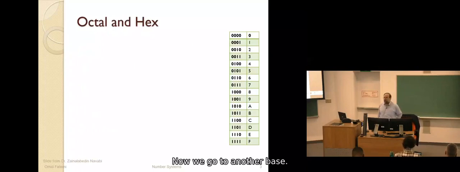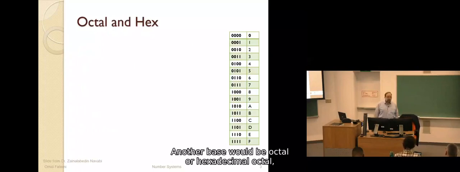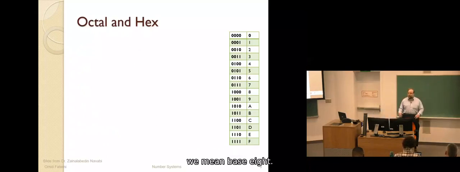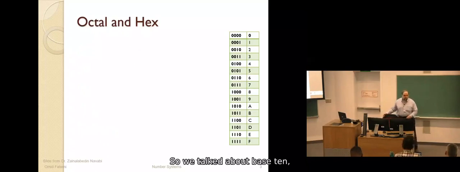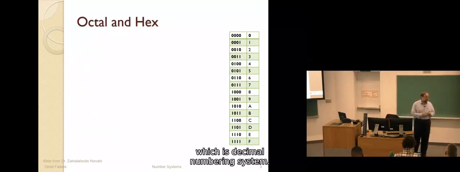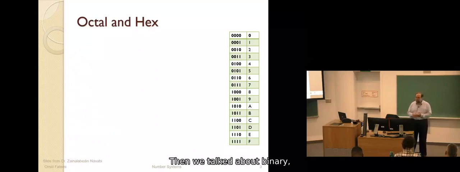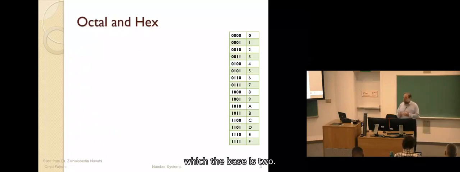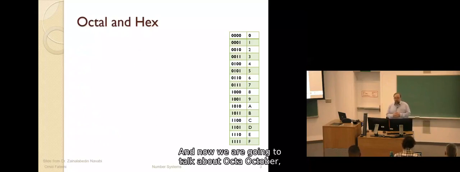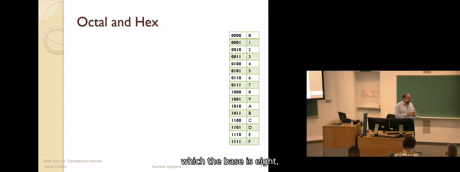Now we go to another base. Another base would be octal or hexadecimal. In octal, we mean base 8. So we talked about base 10, which is decimal numbering system. Then we talked about binary, which the base is 2. And now we are going to talk about octal, which the base is 8.